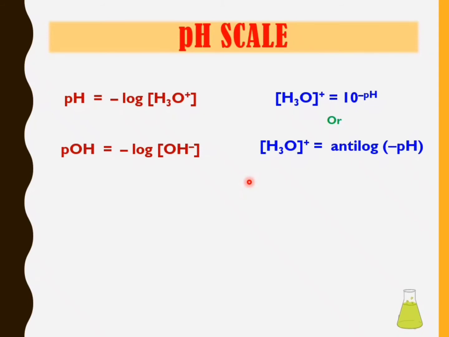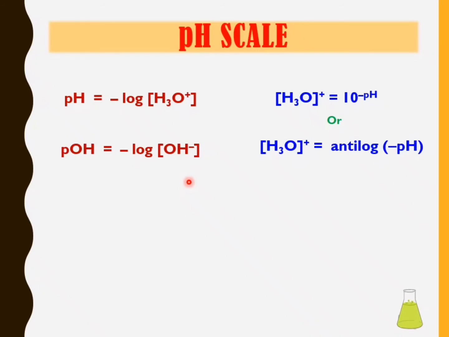So dia jadi anti-log. Okay, shift log dalam bracket negative pH. Baru dapat concentration H3O plus. Ini cara awak tekan kalkulator tau. Sebab ramai pelajar tak reti tekan anti-log ni. Macam mana nak tekan tadi madam kata? Tekan shift, tekan log, negative pH. Baru dapat concentration H3O plus.